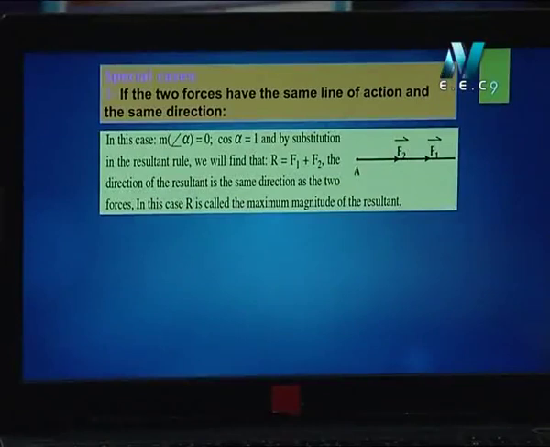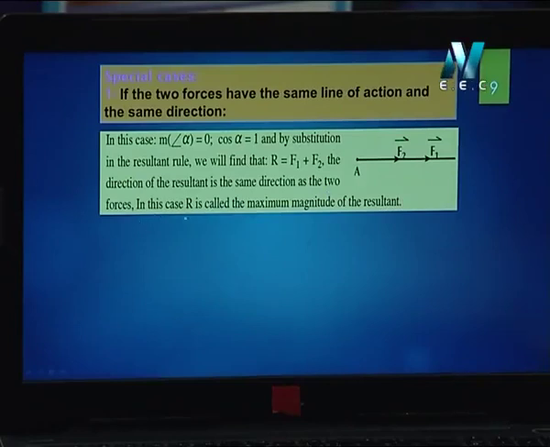Okay, let's move again to the slide. Measure angle alpha, as we said now, equals 0, cosine alpha equals 1, and by substituting in the resultant rule, we will find that R equals F1 plus F2, and the direction of the resultant is the same direction as the two forces.